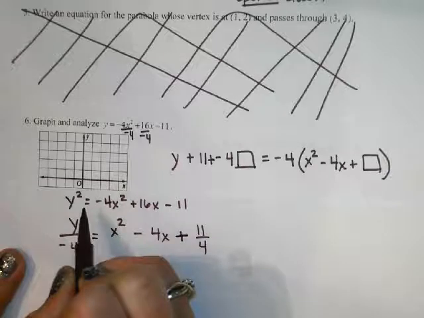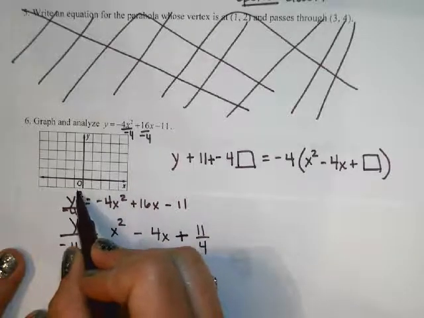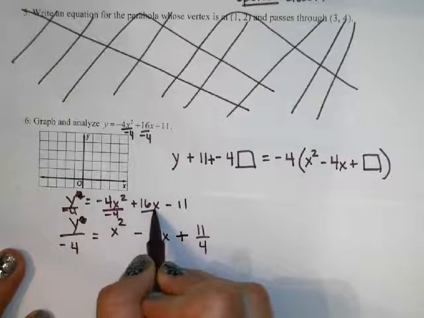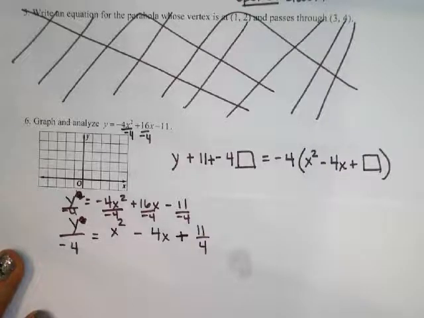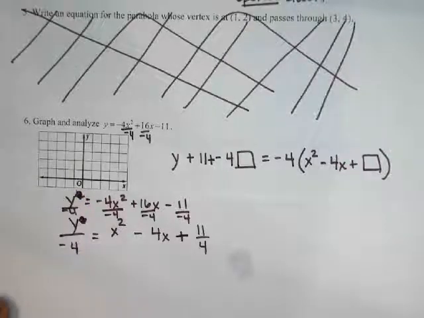And if I divide everybody by a -4, that's what we did before, except it was a 0.